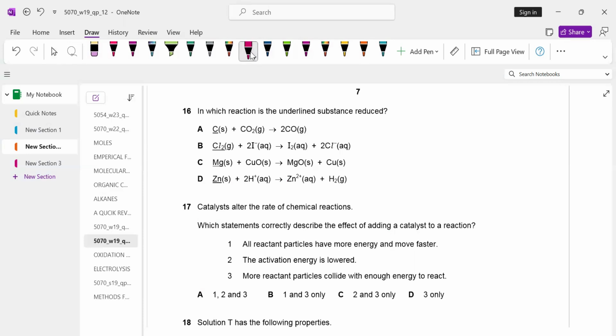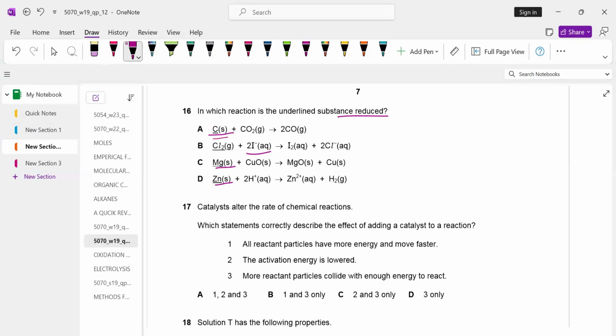For example, take equation A. An element is present in equation A, so it is a redox reaction. The second one is also a redox reaction, the third one is also a redox reaction, and the fourth one is also a redox reaction. Now you need to identify which substance is being reduced.